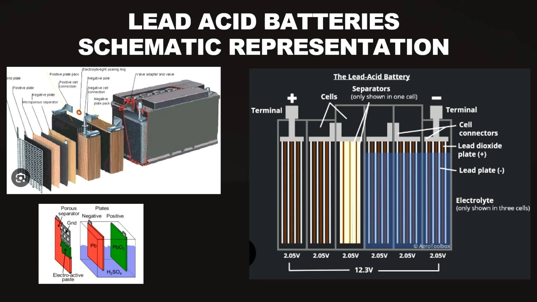As you can see, there is a positive terminal and a negative terminal. In this diagram, you can see that the groups are housed in a 12-volt battery container. The nominal voltage is 12 volts and there are 6 cells. Let me now show you the battery containers.